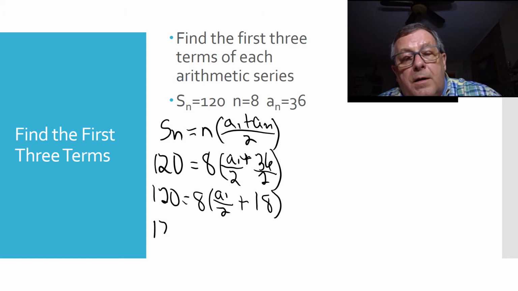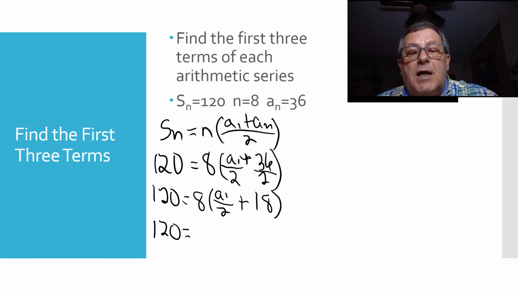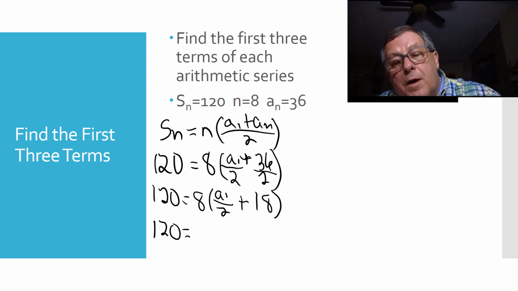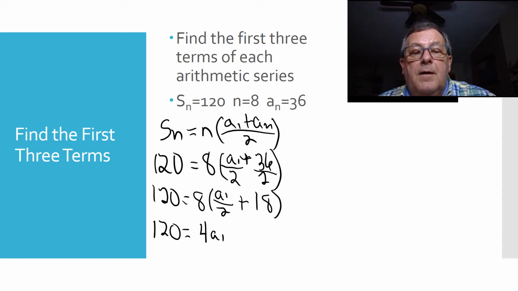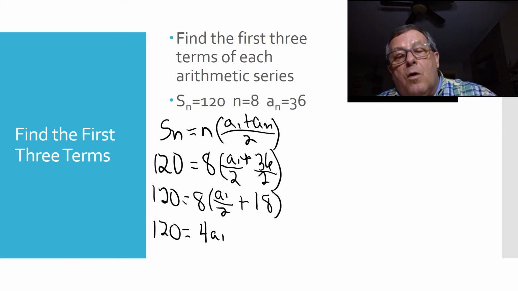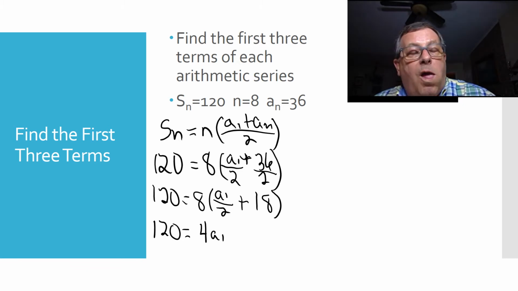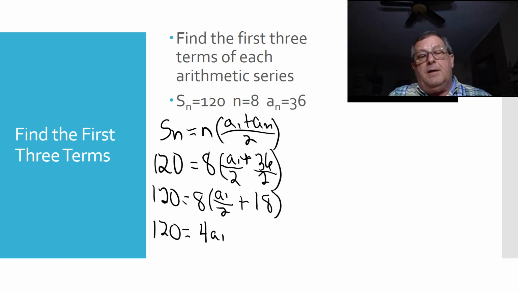Okay, we've got 120. Now let's distribute this 8 to the two terms inside the parentheses. So a1 over 2 times 8, that'd be 8a1 over 2, is going to be 4a1. And 8 times 18 is, yep, 144.